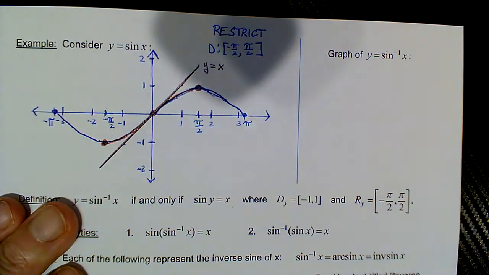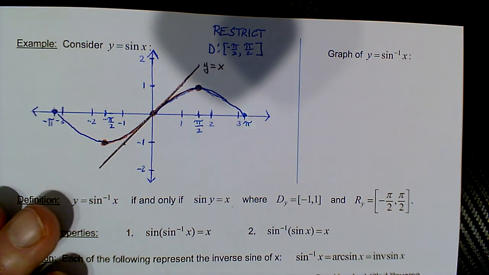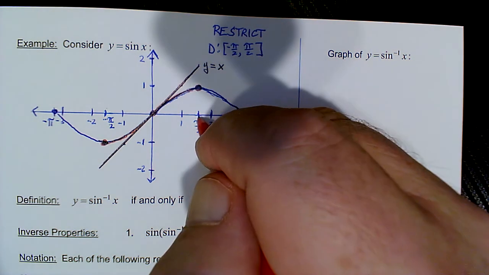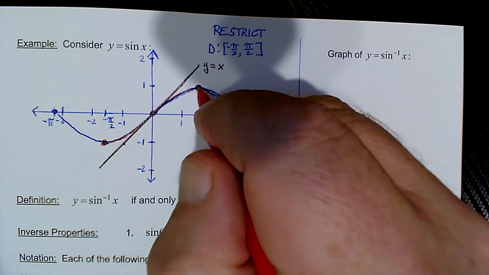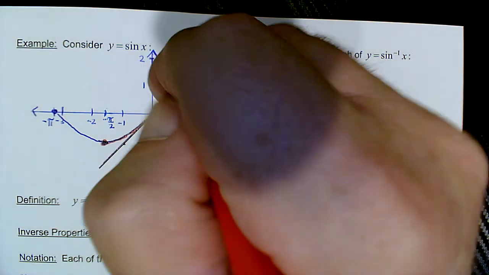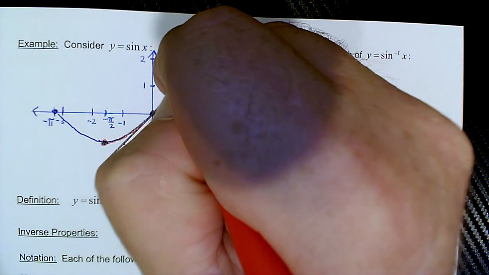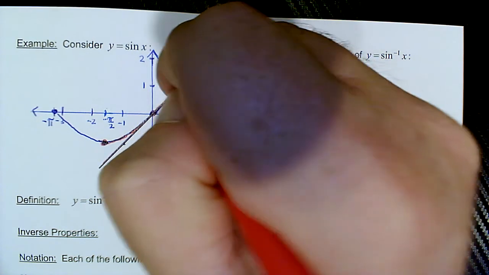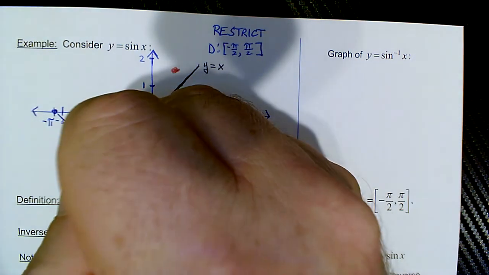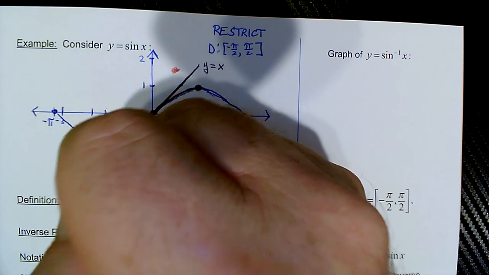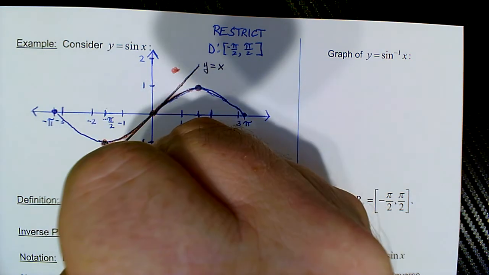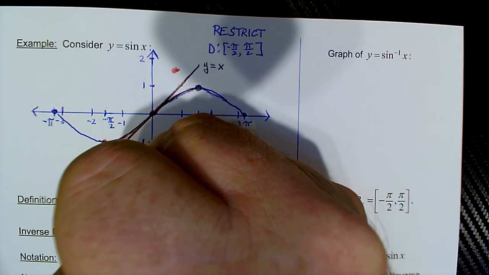And then using our spatial senses, remember what happens is the x's and y's are interchanged. So this point pi over 2 and 1 becomes the point 1 and pi over 2, so maybe roughly right there. And the point negative pi over 2 and negative 1 becomes the point negative 1 and negative pi over 2, so roughly here.